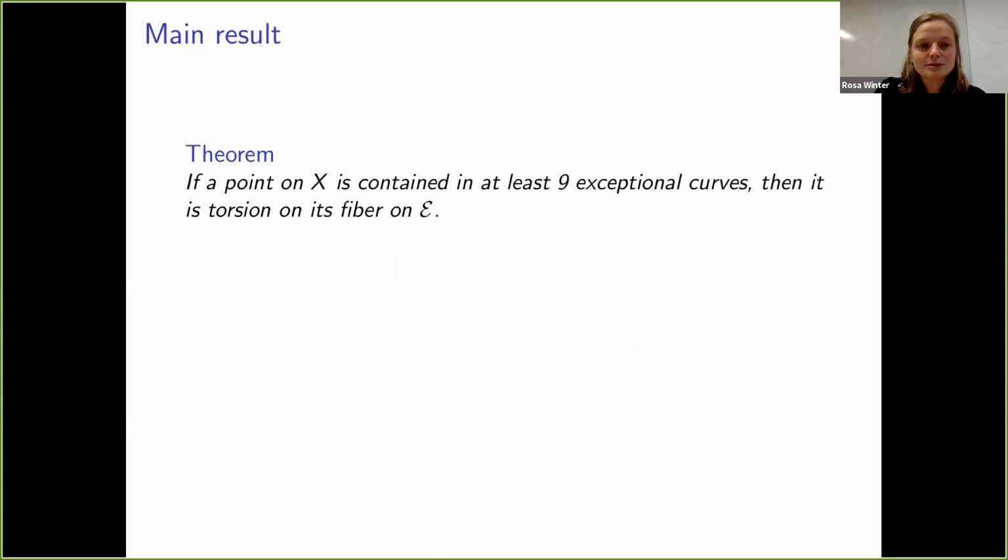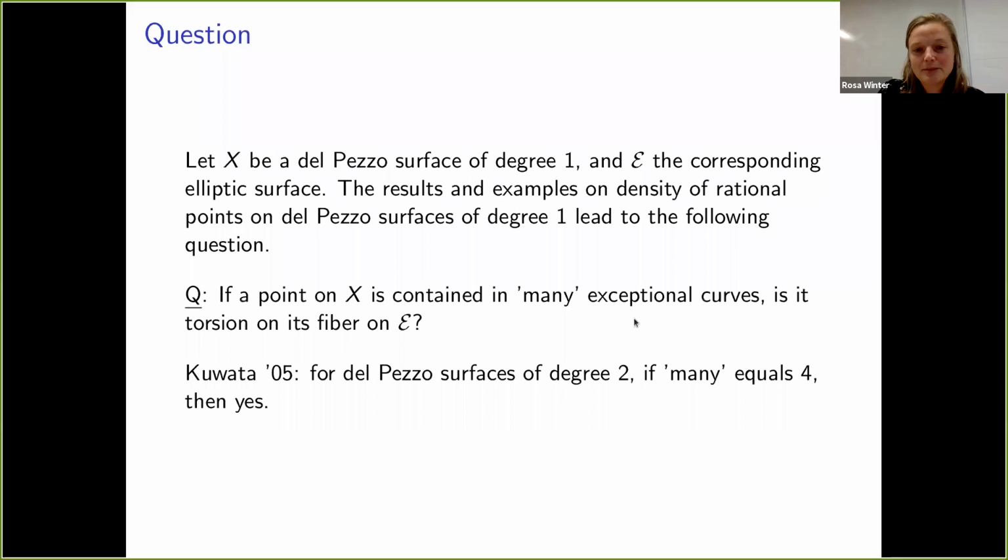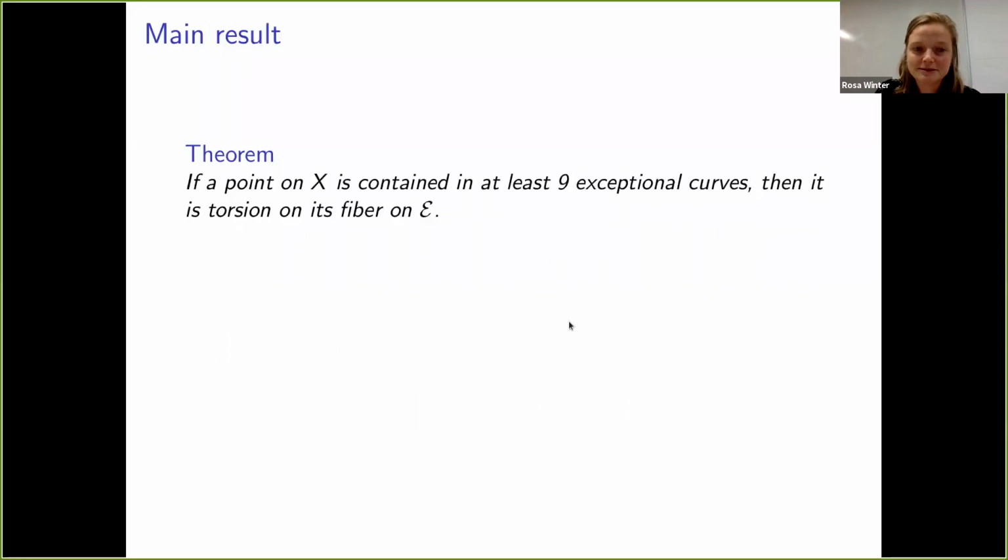And the main theorem of today is that if a point on the Alpeza surface is contained in at least 9 exceptional curves, then it is torsion on its fiber. So this is an answer to this question. If you take many to be 9, then yes, that is basically what the theorem says.